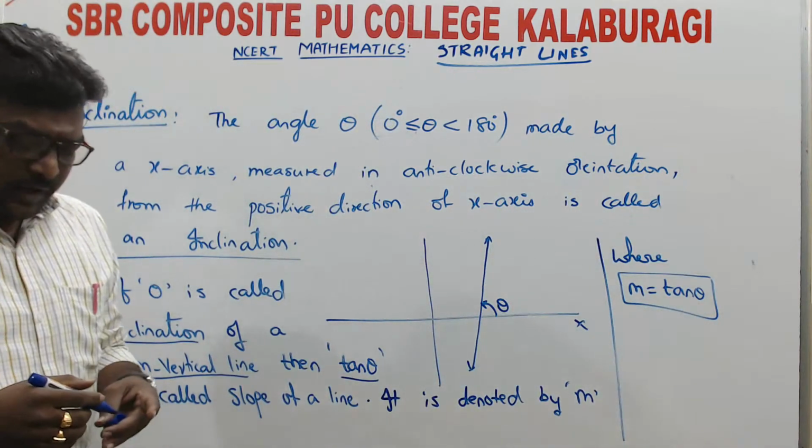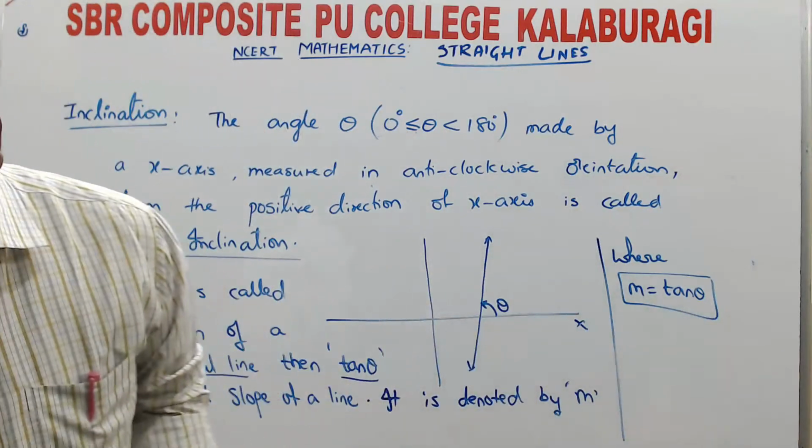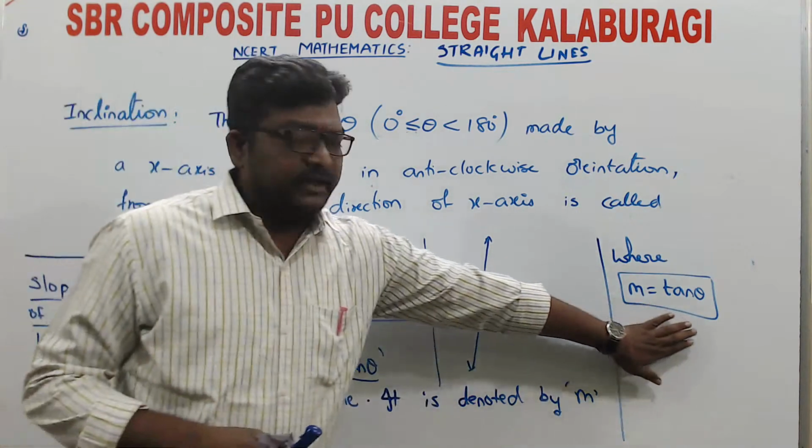And now we have to discuss why we are taking only tan theta. This is clear up to here? Yes. We have learned what is meant by straight line, inclination, and slope of a line. Now we are seeing why, for the slope of a line, we are taking only tan.